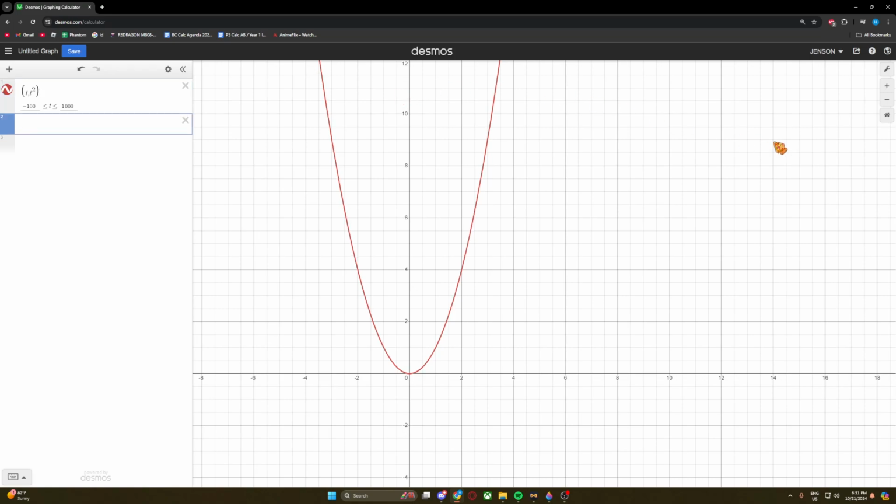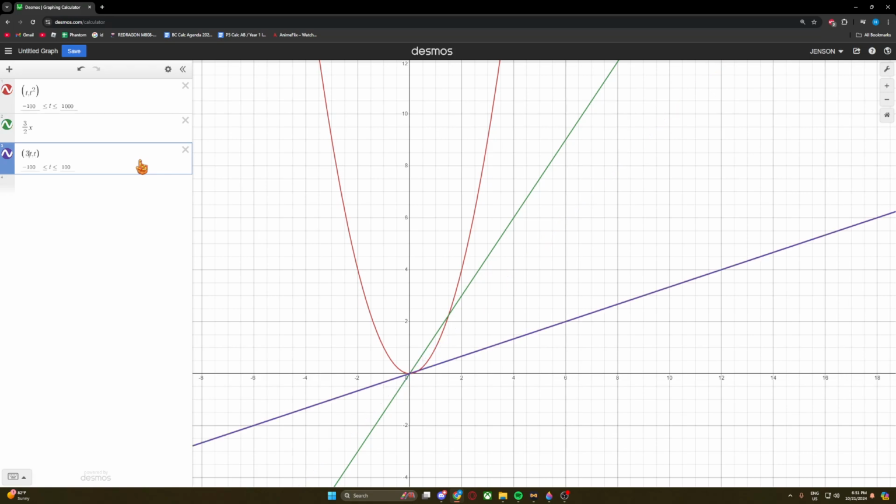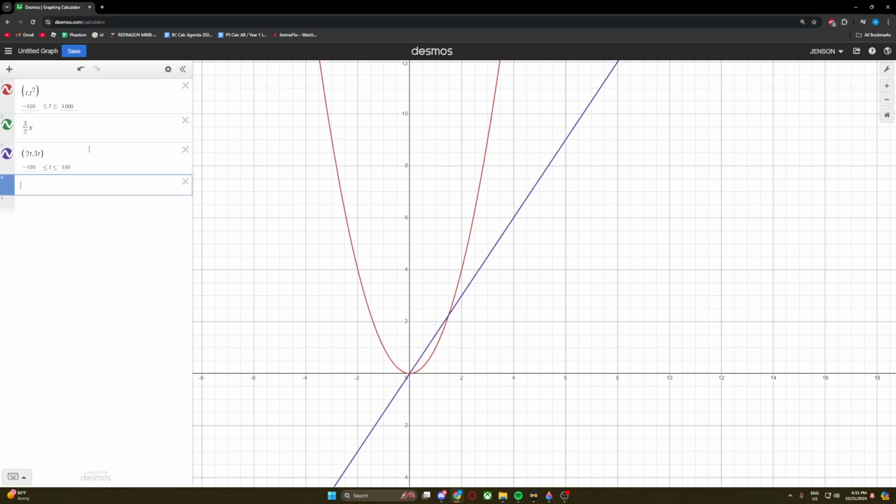If you wanted a graph like 3 over 2 x, you would have to write t first and get a straight line. And then we get 2, 3, because remember, y over x is the slope of a function.